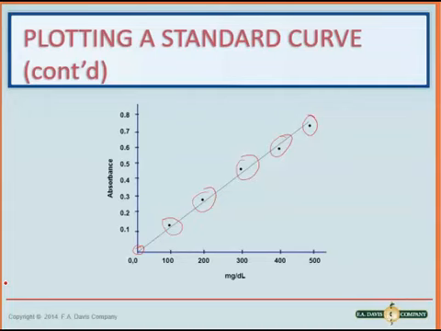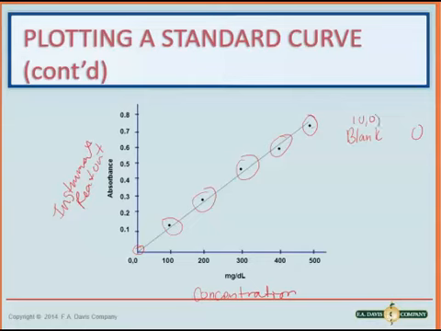But along the bottom, you've got your concentration, and along the side, you have your instrument readout. So you have a standard curve now with a blank at concentration 0, and again, that's at our origin, 0, 0.